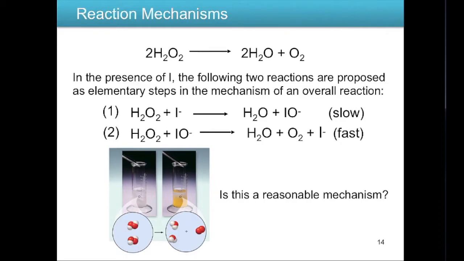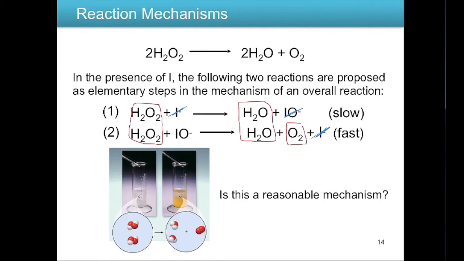So first, let's see if the reaction mechanism, the reactions within there, the elementary steps, add up to the overall reaction. So we have 2 H2O2s, we have 2 waters, and 1 oxygen. So that's what we need for this to match our overall reaction. And we notice that we have an iodide on the reactant side of one reaction, an iodide on the product side for the other reaction, so that cancels out.